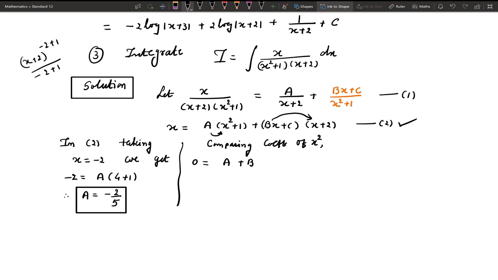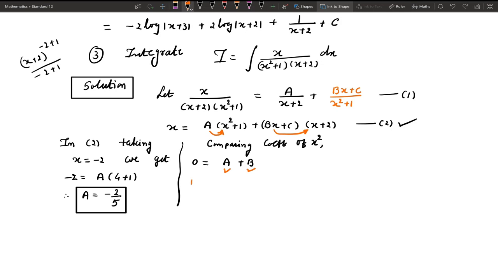Even if you expand the right hand side, you can check that the coefficient of x square is a plus b. Here a into x square, so the coefficient is a, bx into x, bx square, so the coefficient is b.